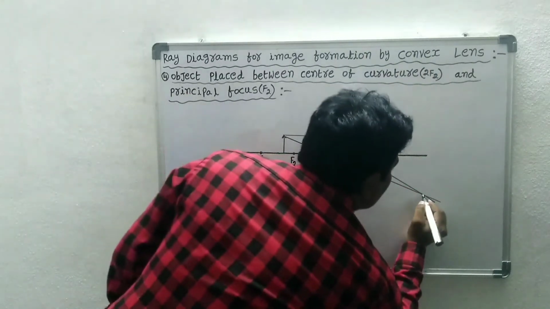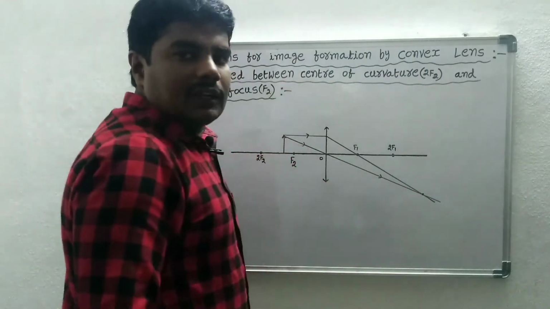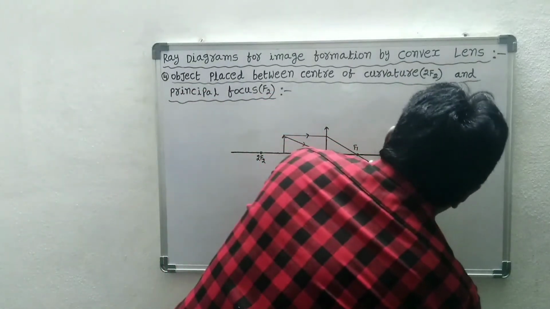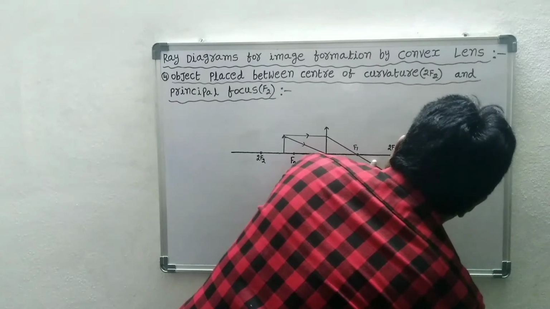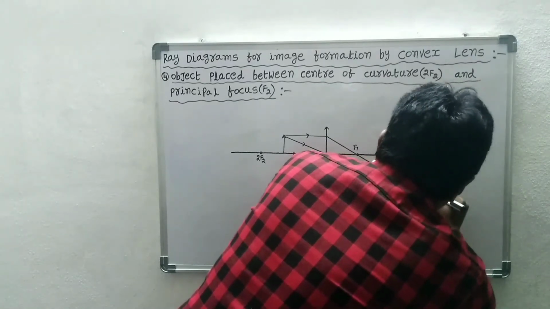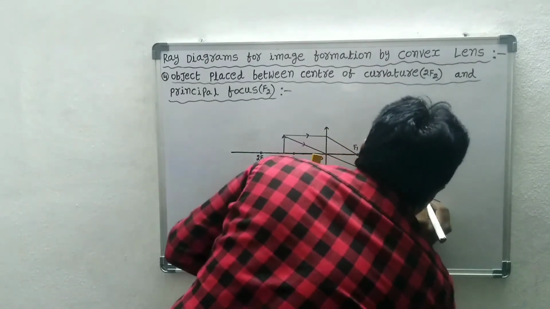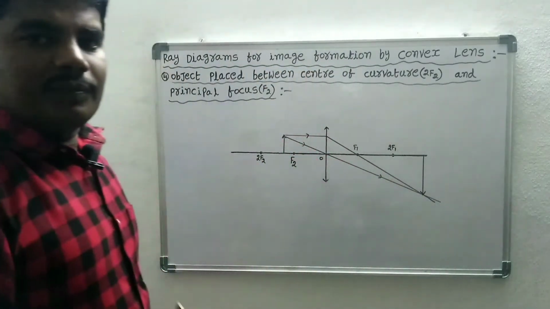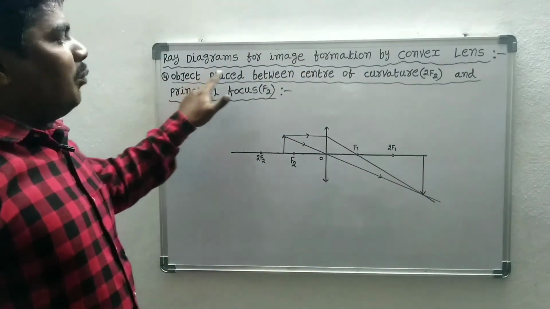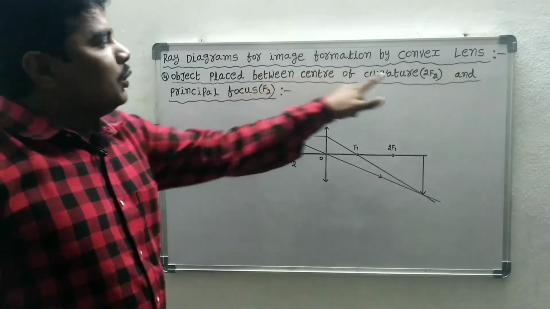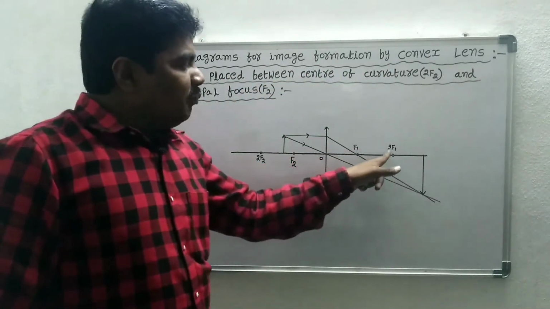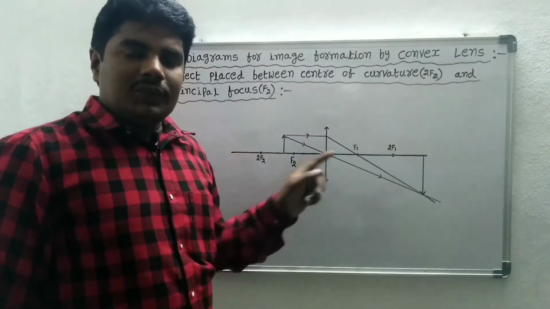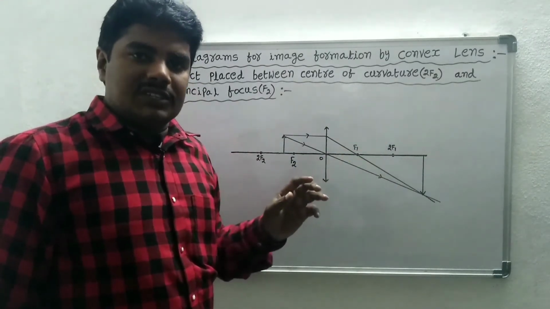These two are intersected at this point. So the image also formed at this point. So this is the image. When the object is placed between 2F2 and F2, the image is formed beyond 2F1. 2F1 means center of curvature.